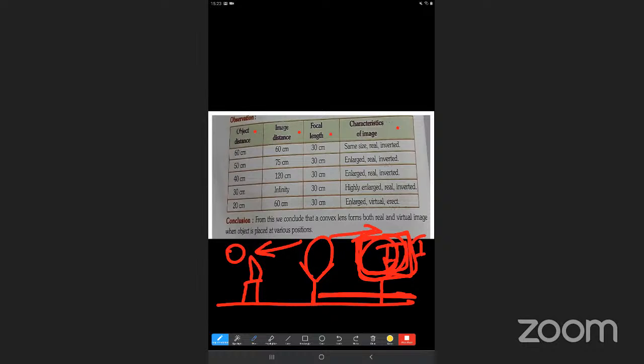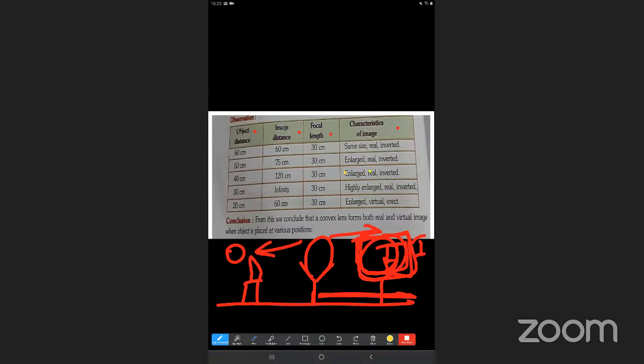So when we move the screen in front of the convex lens, here at the distance of 120 centimeters from the lens, we'll get a clear image on the screen. So here again, the focal length is the same. The characteristics of the image: enlarged image, real image, and inverted image.